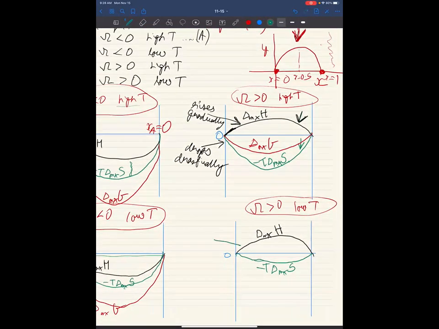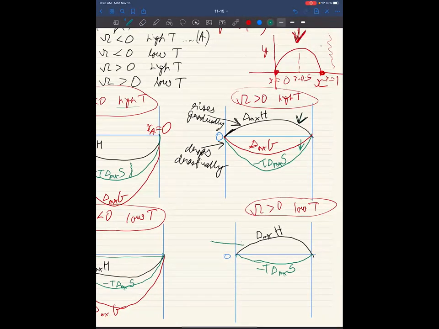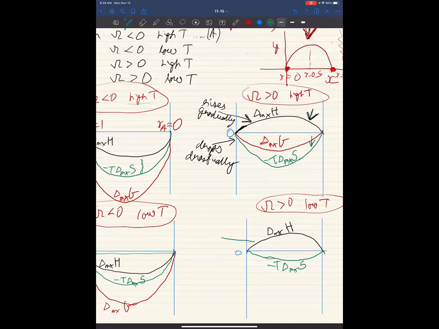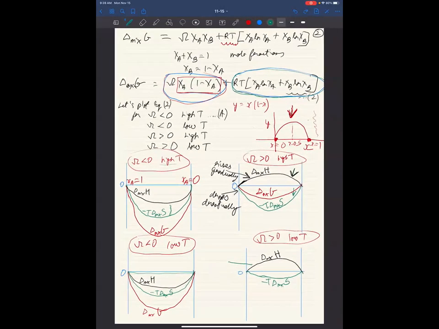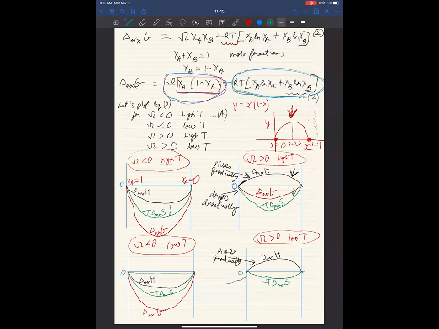So we know that this thing over here is again going to rise gradually because it's a nice quadratic function, while this over here is again going to drop drastically.